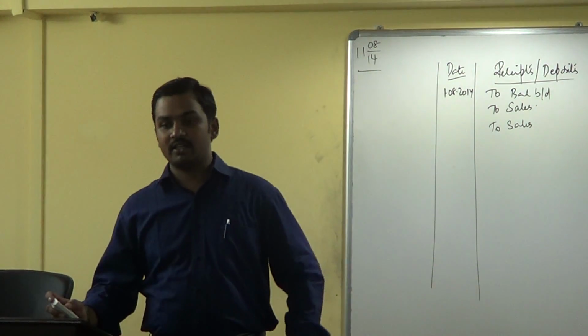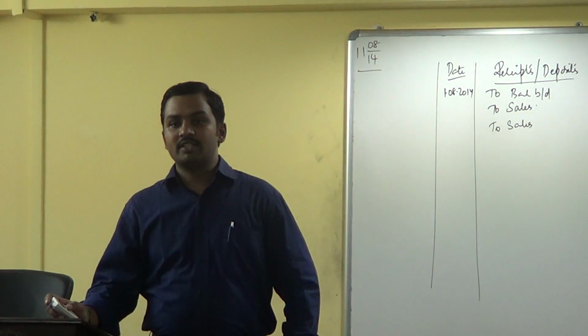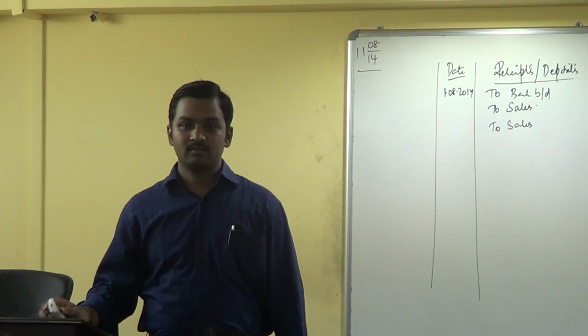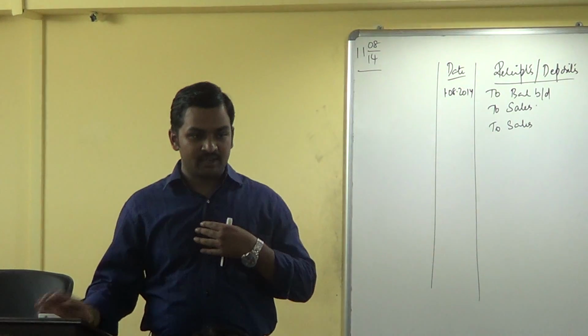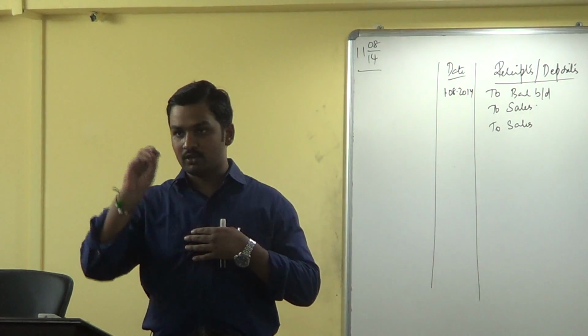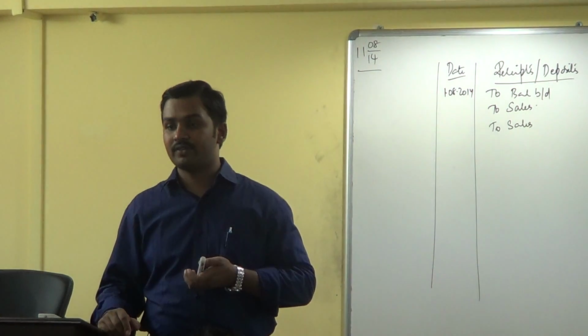How do you deal with this transaction? What is the entry you record for this transaction? Cash account debit 45,000. Discount allowed account debit 5,000. To Mr. A account 50,000.